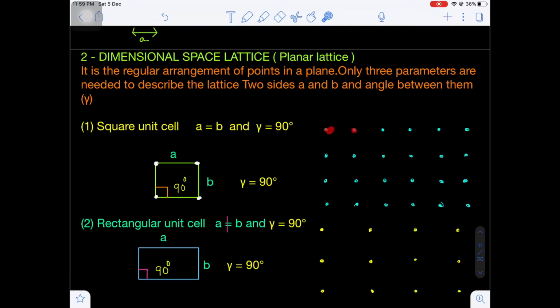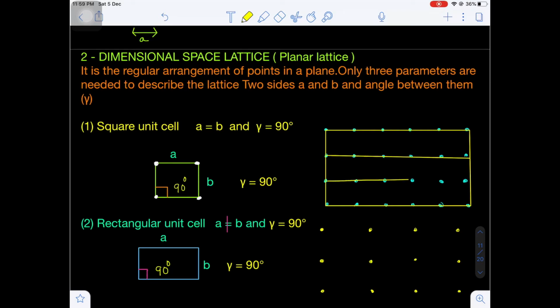These are the constituent particles, and horizontally as well as vertically they are present at equidistance. If you draw these points in straight lines, you will get the total geometry of the crystal. Yes or no?